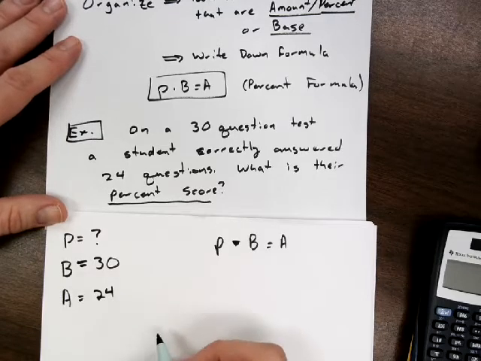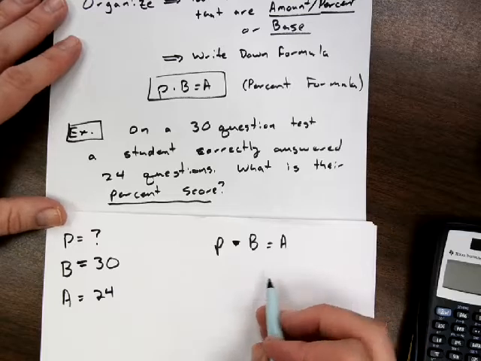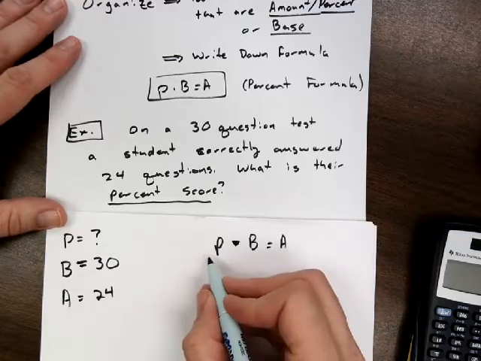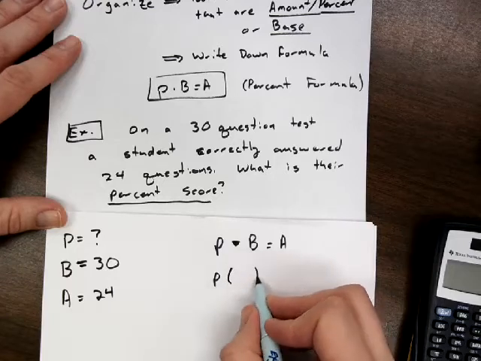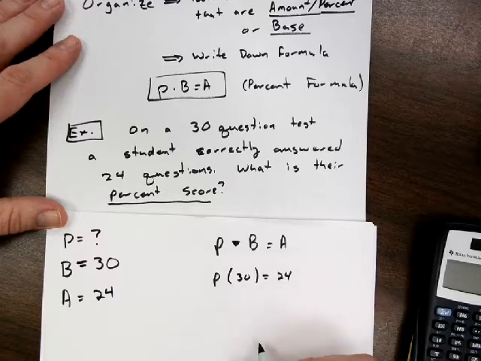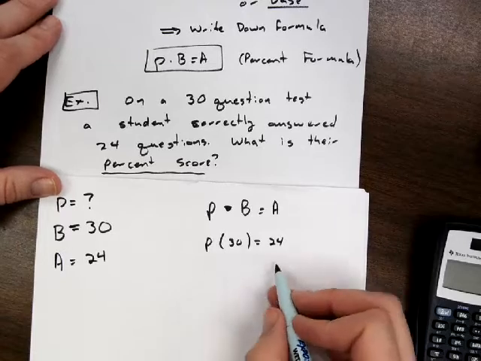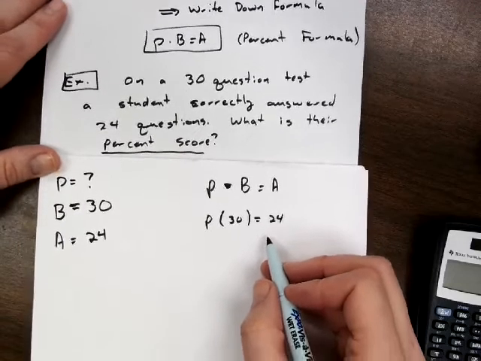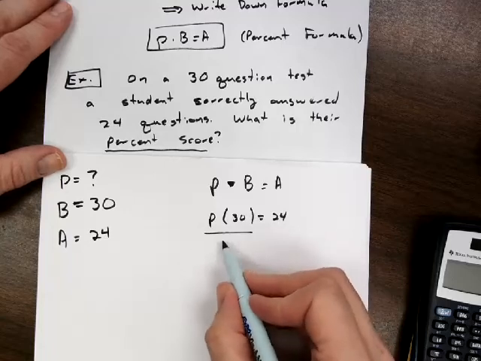After that, this turns into what I call a plug-and-play question. We're just going to plug in these numbers. We don't have anything to plug in for our percent, but we can plug in 30 for our base and 24 for our amount. That looks fairly easy to solve now. To isolate p, I'll divide both sides by 30.